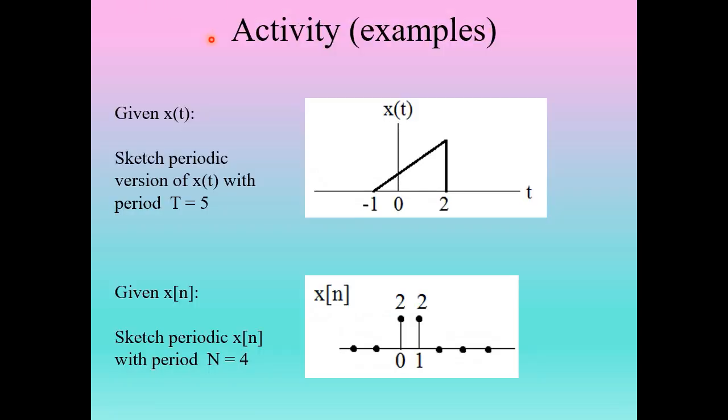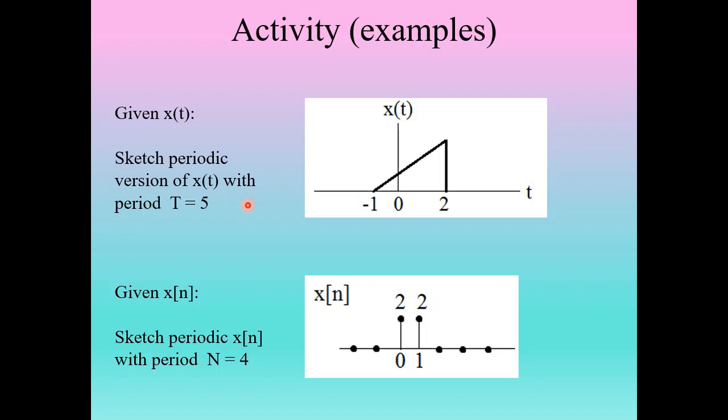So here's our next set of examples for you to work on and test your skill, this time on periodic signals and sequences. There are two of them here. The first one, you're given this x of t. You're asked to sketch a periodic version of this waveform, and the fundamental period is 5.